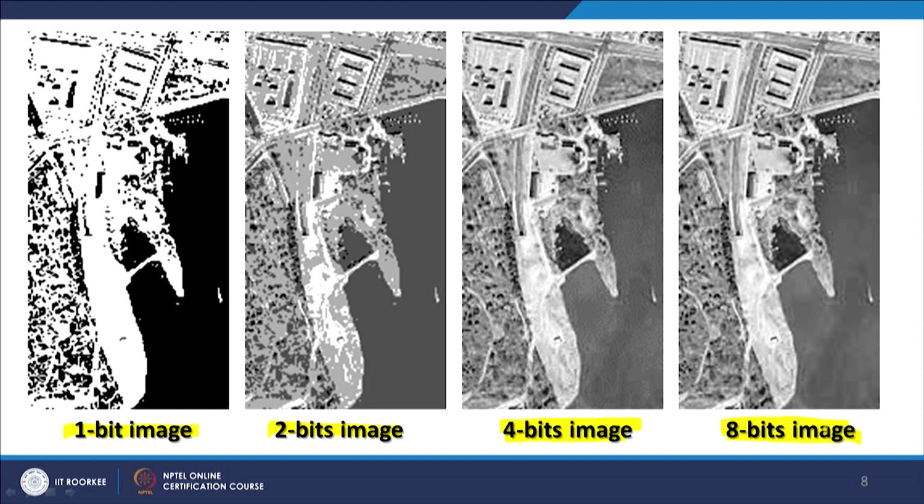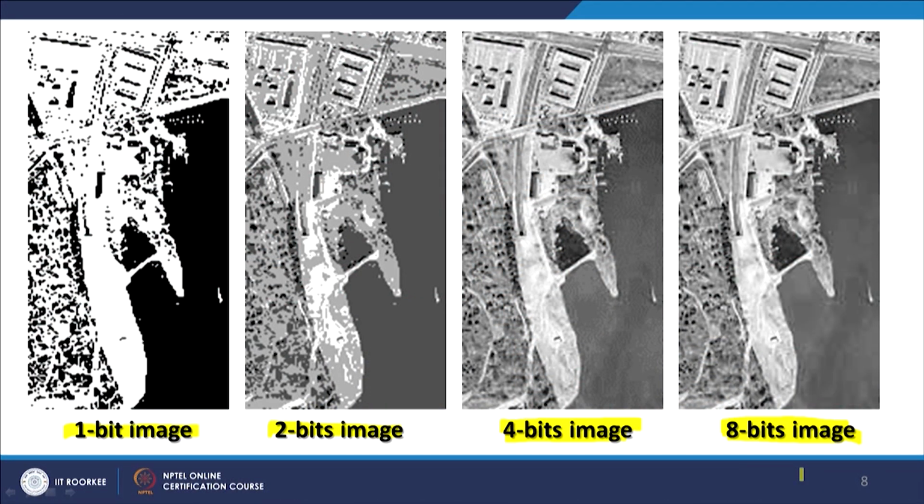Therefore, the appearance of that image compared to 1 bit, 2 bit and 4 bit is much better. So, the higher the bit depth, the more variations an image can have, and even if it is black and white, it will appear much better. But keep in mind that there is no change in the spatial resolution.